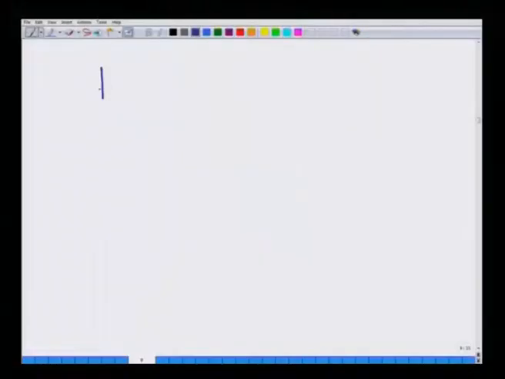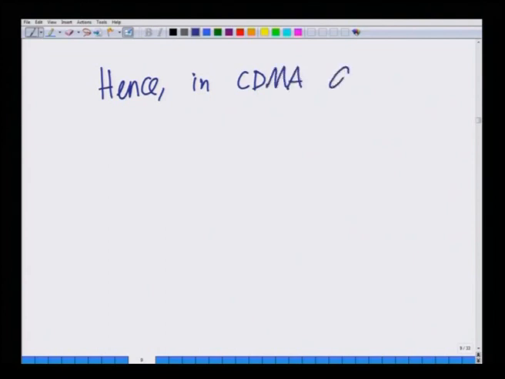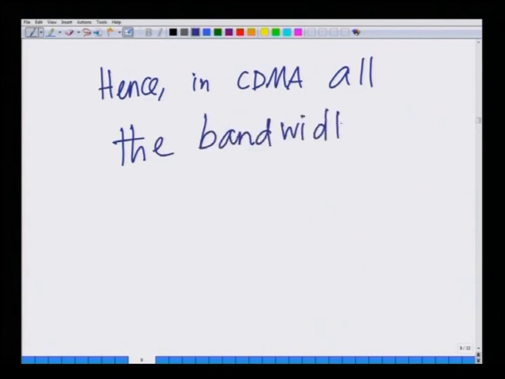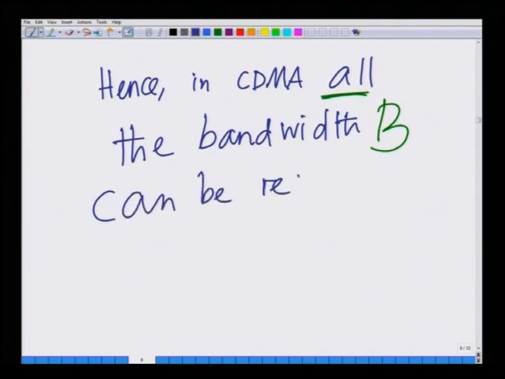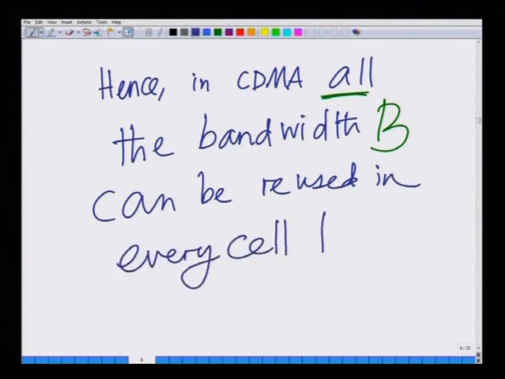Hence, in CDMA, unlike in GSM, all the bandwidth B can be reused in every cell, and this is a big advantage of CDMA.